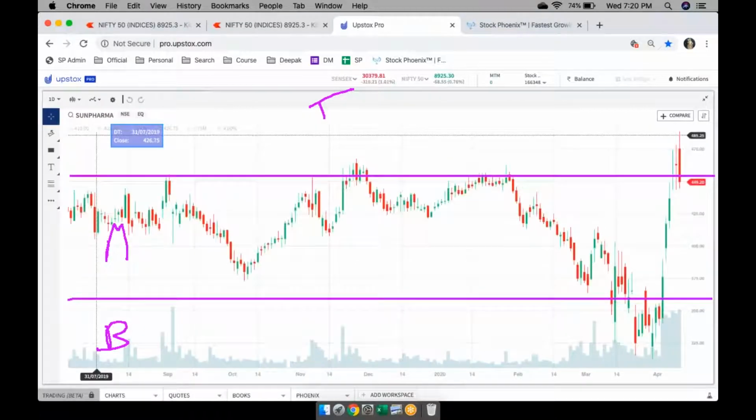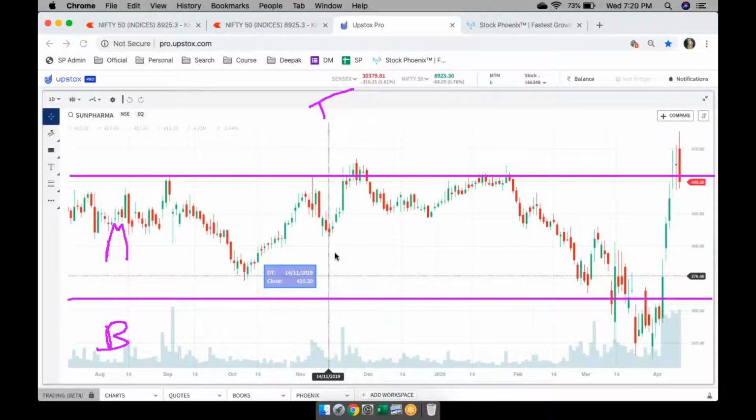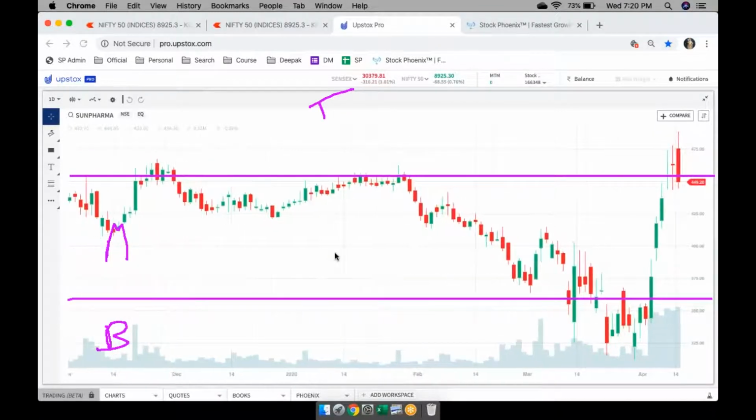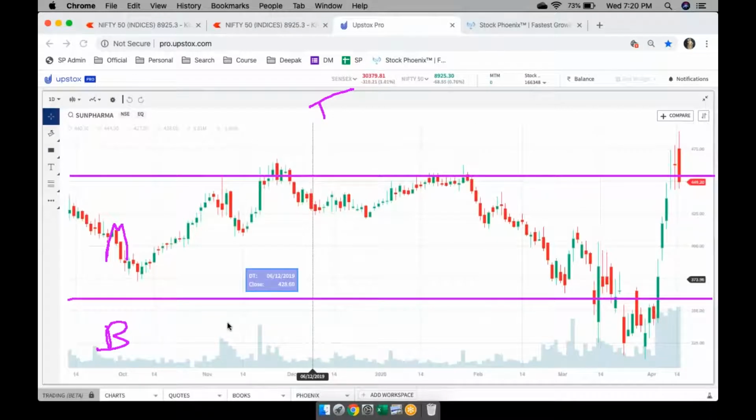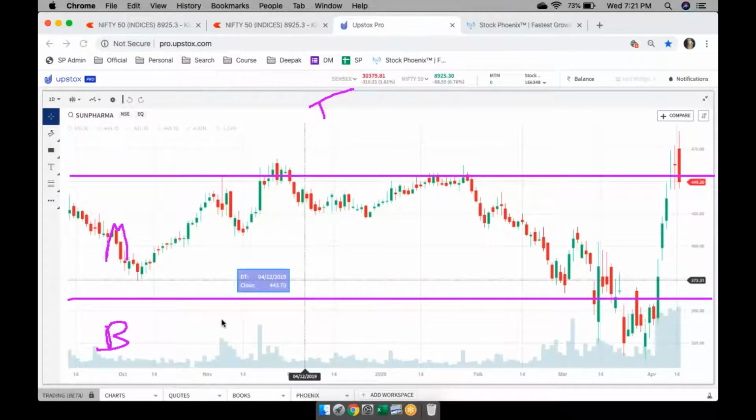If the market is bad, let this stock go down. So now Sun Pharma, tell me. It's in the top. Very simple. This is the place where we can go and sell if we get a technical opportunity, or else I will not go for long.